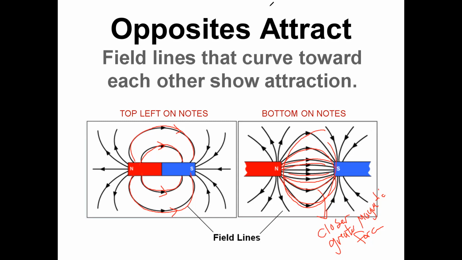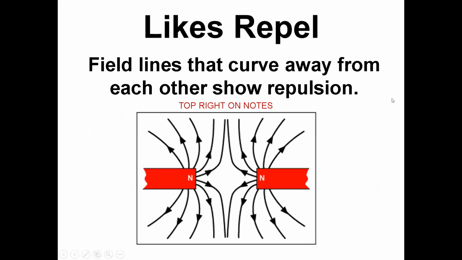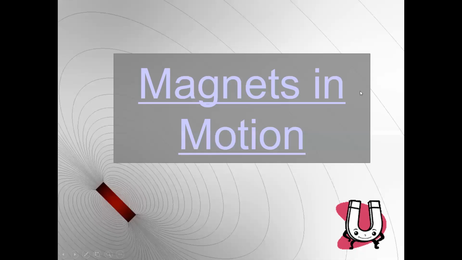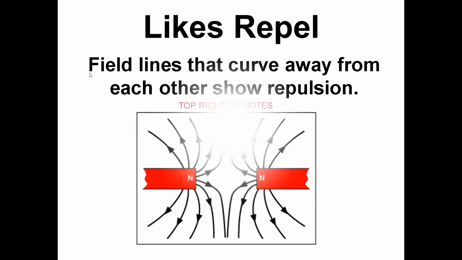Now if we put north with north, how will the magnetic field be?